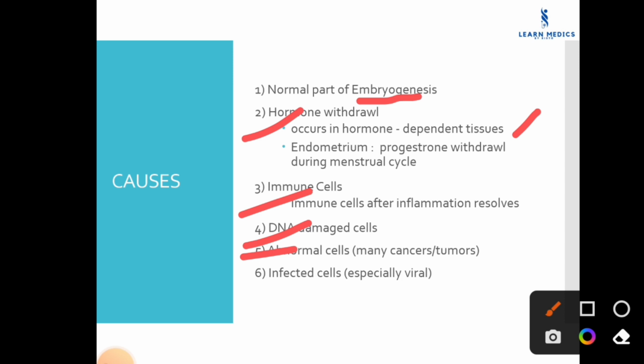If that does not happen in an orderly manner, it leads to cancers or tumors. So all abnormal cells should undergo apoptosis. Otherwise, infected cells, especially virally infected cells, should also undergo apoptosis. These are the main causes of apoptosis in a cell.